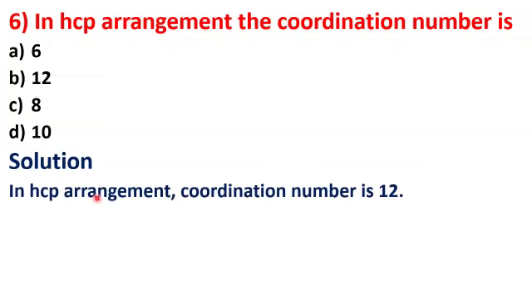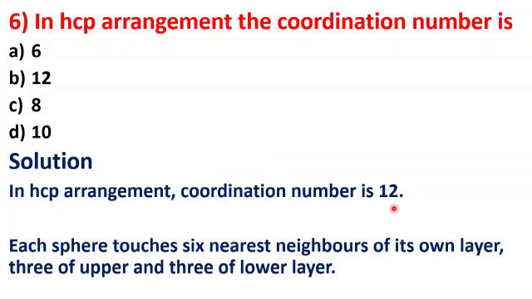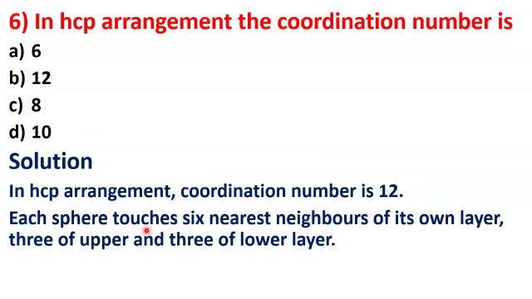So in HCP arrangement, usually coordination number is 12 because each sphere touches 6 nearest neighbors of its own layer, 3 of upper and 3 of lower. Hence total of 12. So correct option is option B, 12.